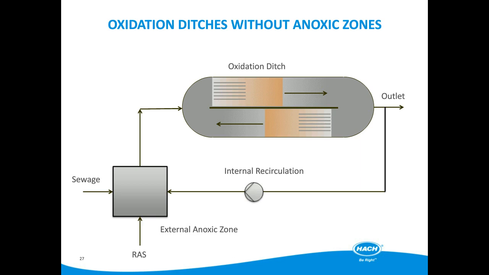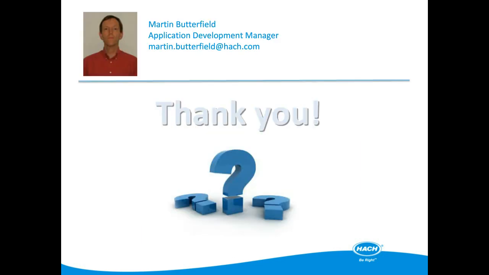When you're putting an internal recirculation into that zone, you have to be quite careful, because what you don't want to do, as I said in the webinar itself, is introduce too much oxygen in there and negate the anoxic nature of the zone.